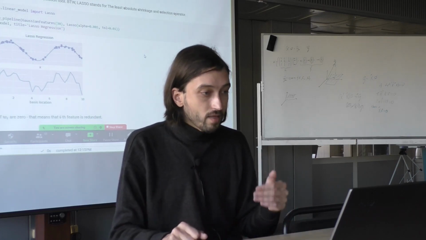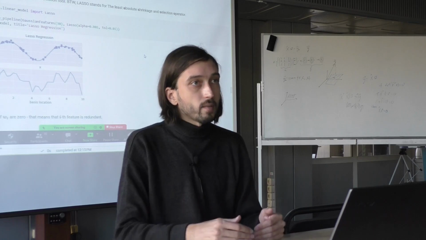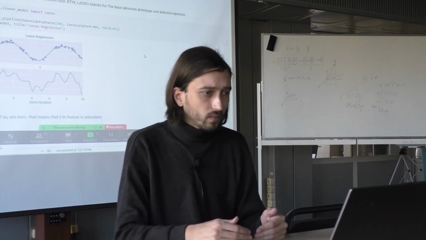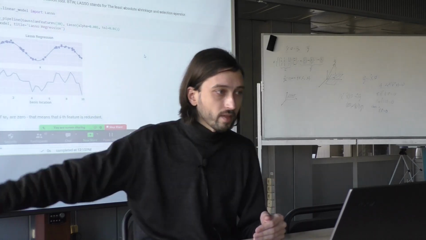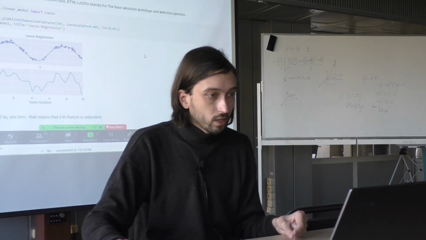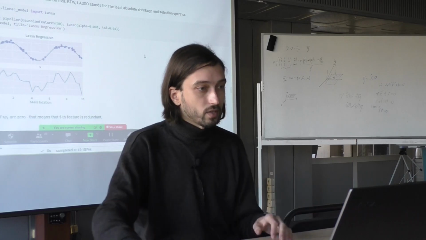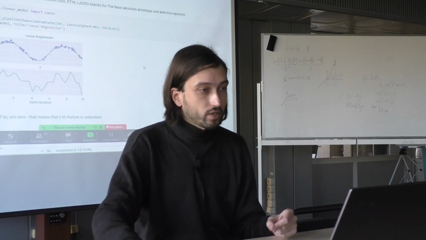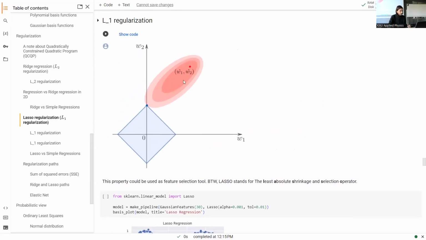This one sets our parameters to a definite 0. Whatever we have measured there, it has no influence on the result. So we are removing some features with the help of Lasso regression. And the reason is we are basically touching these corners with the function that we are minimizing. That's the main reason. And these definite zeros remove those features.